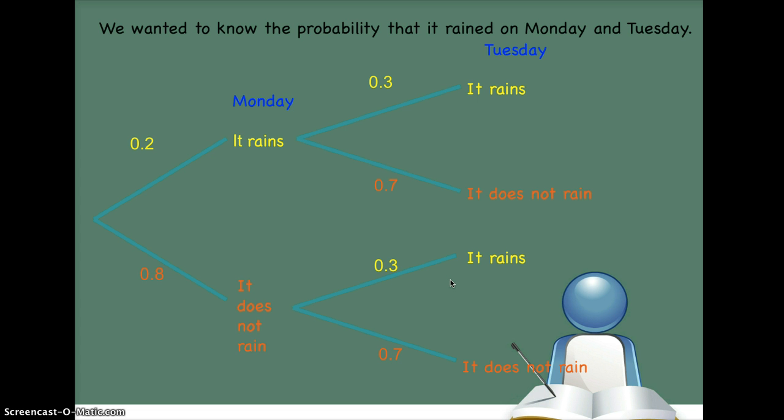Now to work this out, we wanted to know the probability that it will rain on Monday and Tuesday. So we're looking at rain, and then on Monday it rained, and then on Tuesday it rained. So this is the path of rain and rain. That's 20% and then 30%.